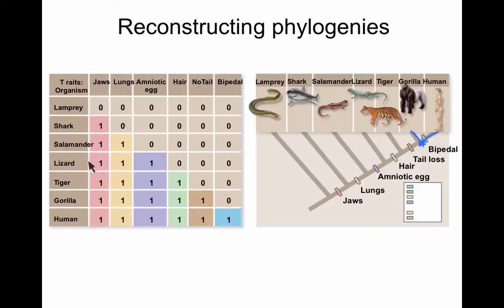And following that, lizards will share the next maximum number of traits, so we put lizards over here as being the closest ancestor to tigers and gorillas and humans. And we keep going, and then salamanders and sharks, and finally lampreys. So this grouping happened by comparing the number of traits that these species share. The higher the number of traits you have in common, the more closely related you will be.